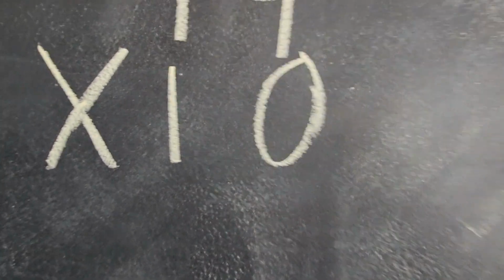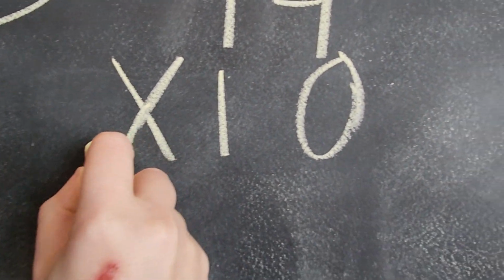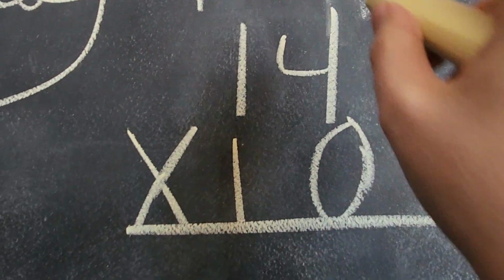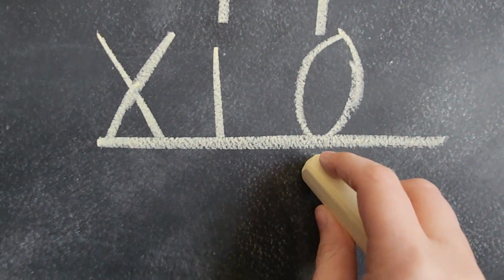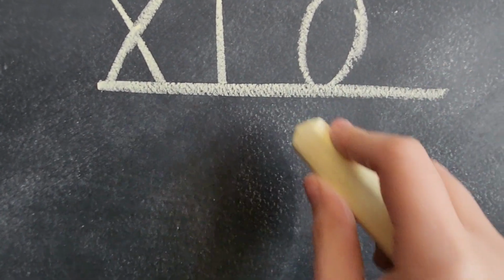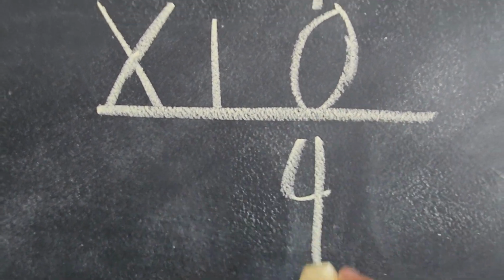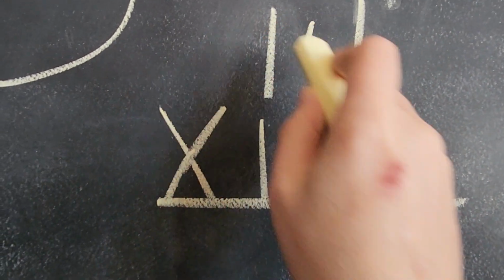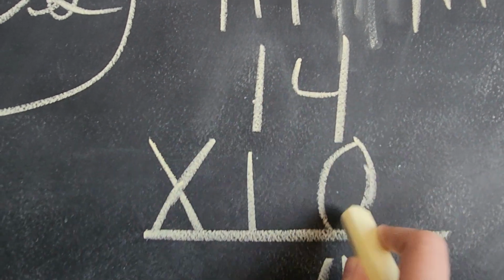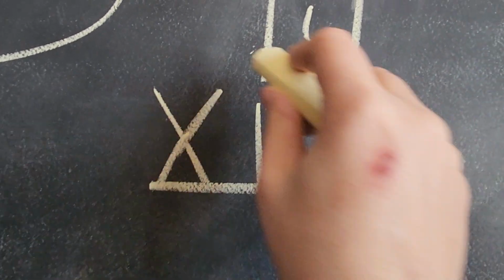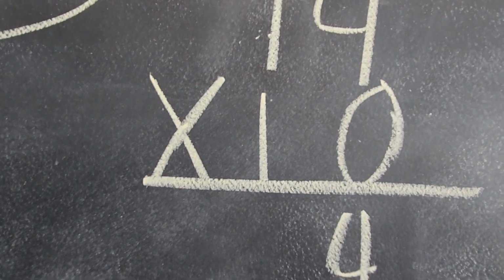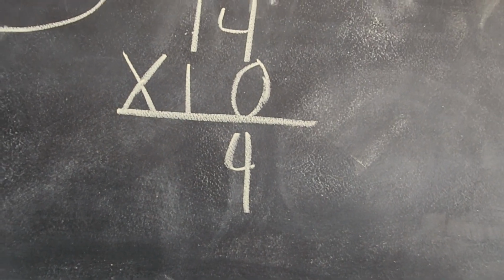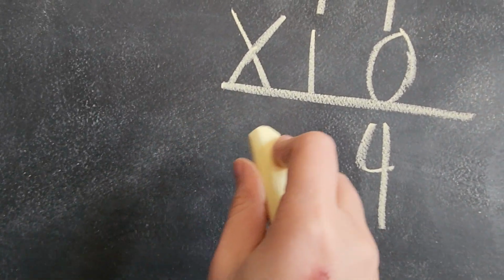Okay, so let me see here. 4 times nil is nil, I think. And then I think you do it the other way. Nil times 1 is nil. I gotta think about this.